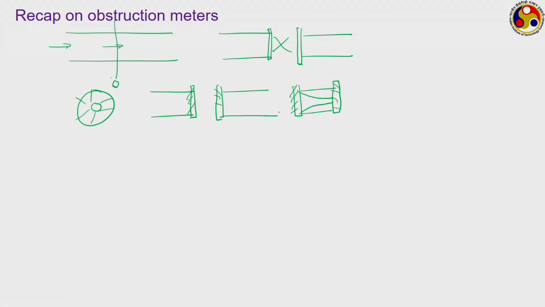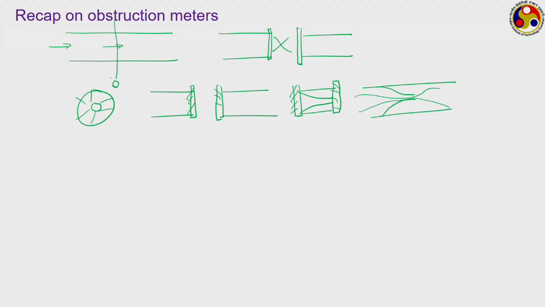Once we connect this to the original channel, your flow section looks somewhat like this. The fluid on the upstream side flows through with a smooth reduction in the cross section area on the upstream side, but that is not there on the downstream side.